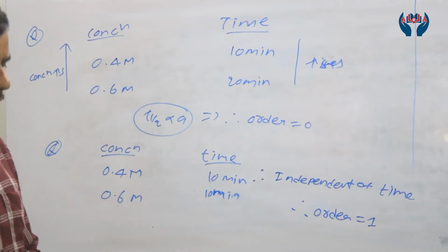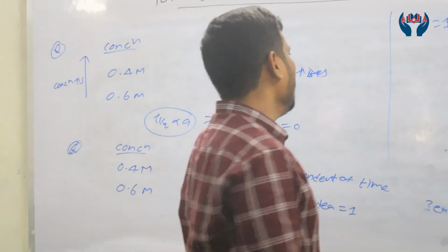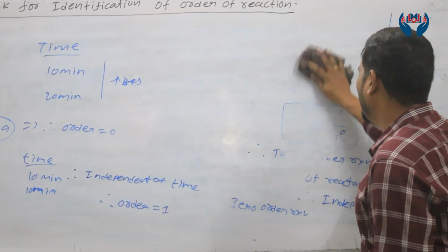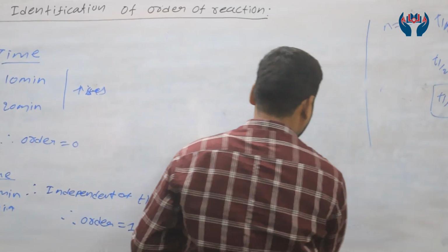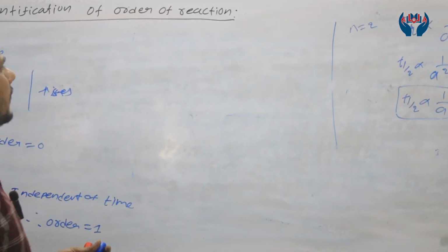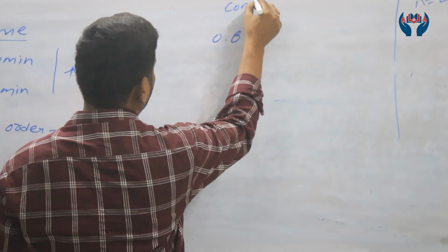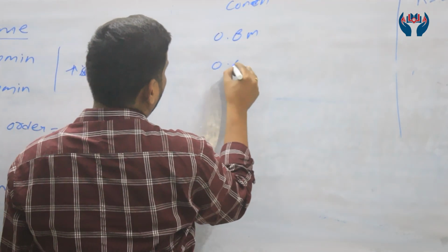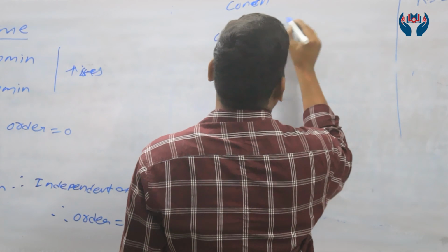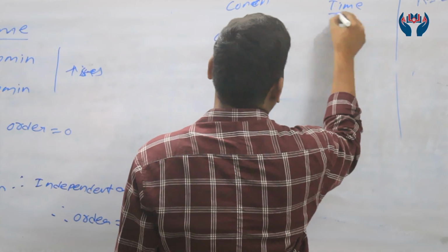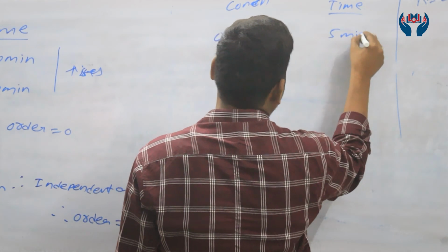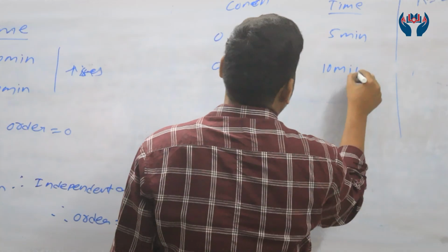Finally, the last one, the second order relation. For example, the concentrations are 0.8 moles and 0.4, and the times are 5 minutes and 10 minutes.